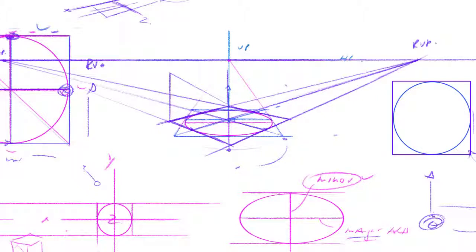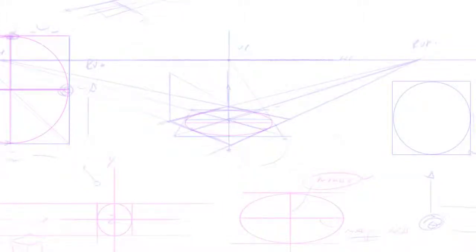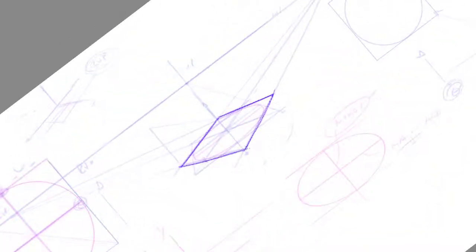So I'm just going to lower the opacity of all these drawings so that we can see a little bit better. And let's just have this square on the ground a little bit darker. And it's going to be a cube with a little bit of distortion on this, right?